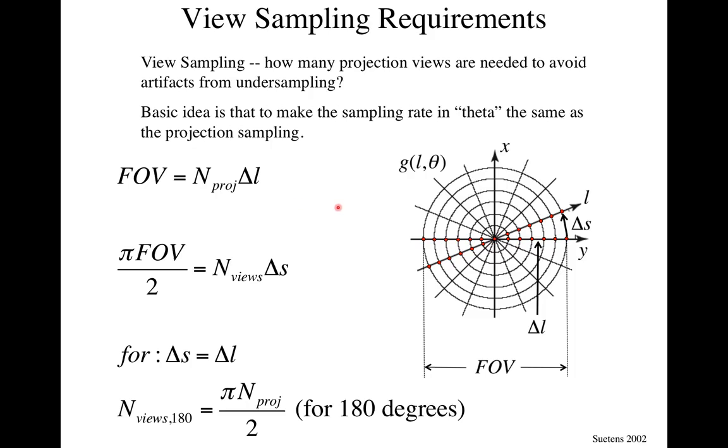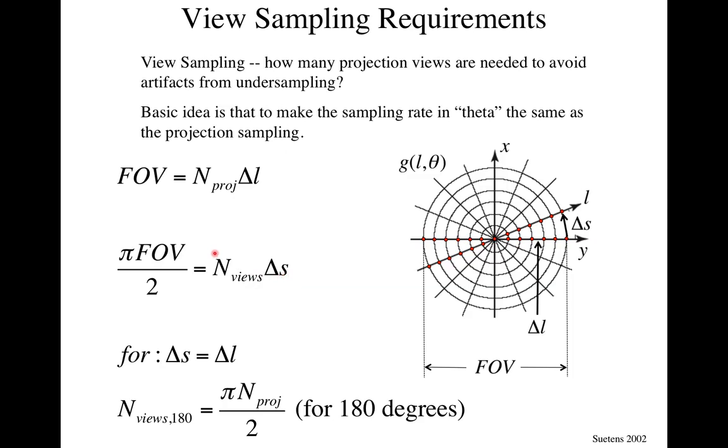And we know delta S, right? We can compute what delta S is just by knowing the circumference of a circle, right? So we know what this distance is, right? Given the fact that we know the field of view, we can just compute that distance, and it's associated with pi over 2.